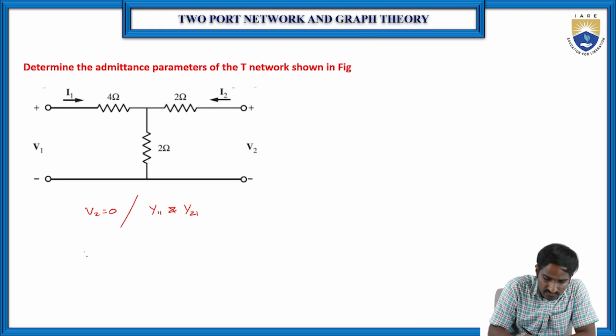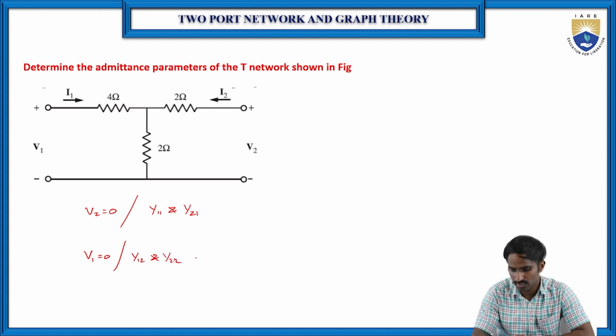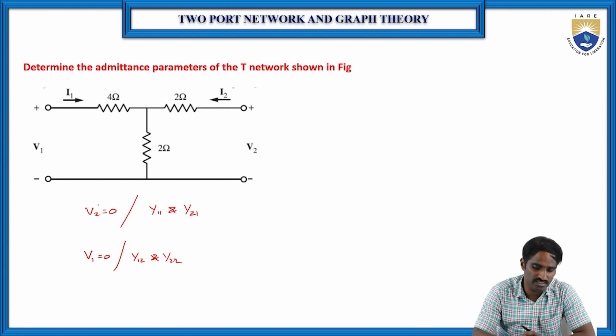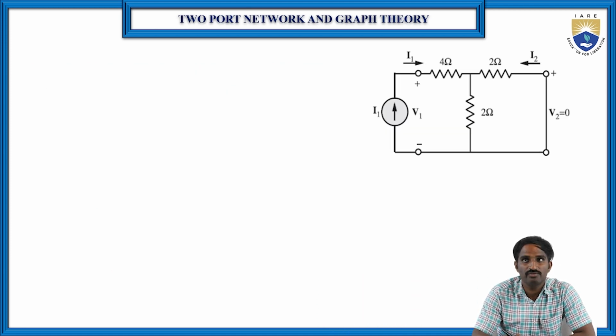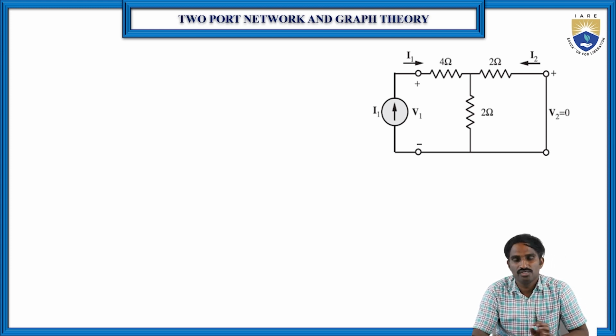Then by making V1 equal to 0, we can find the other two parameters, Y12 and Y22. First, let us make V2 equal to 0, which means we are making the output terminal a short circuit.